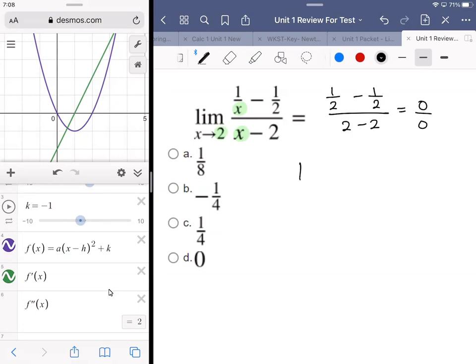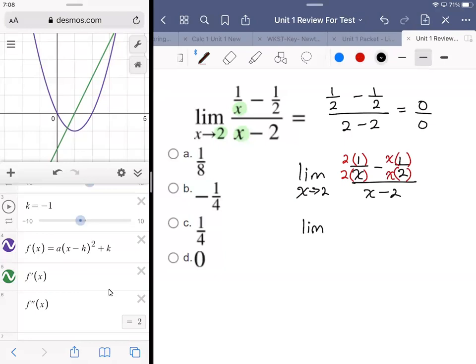All right, so I'm going to rewrite my limit as x approaches 2, 1 over x minus 1/2 over x minus 2. I'm going to get a common denominator by multiplying this fraction by 2 and this fraction by x.